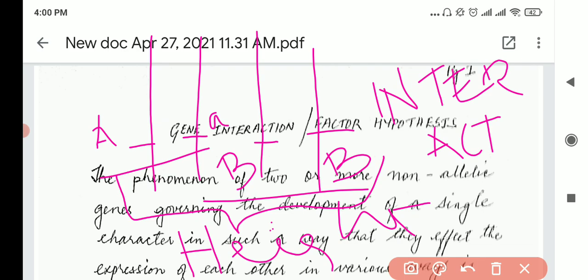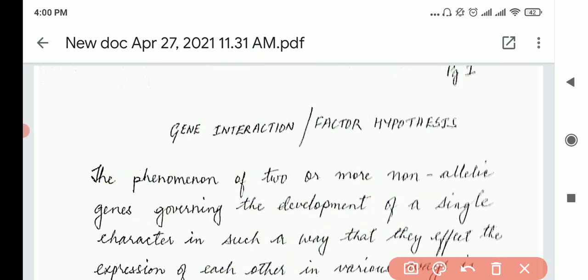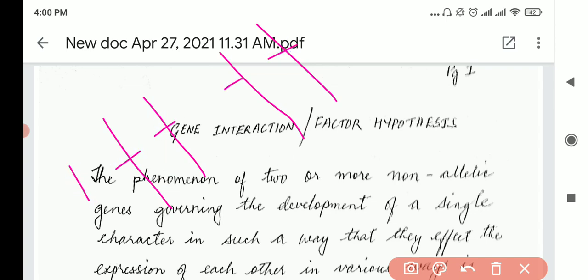Or color, or shape, etc. So you understand, I think, when these alleles, okay, two different alleles, one on one homologous chromosome, one on another homologous chromosome.